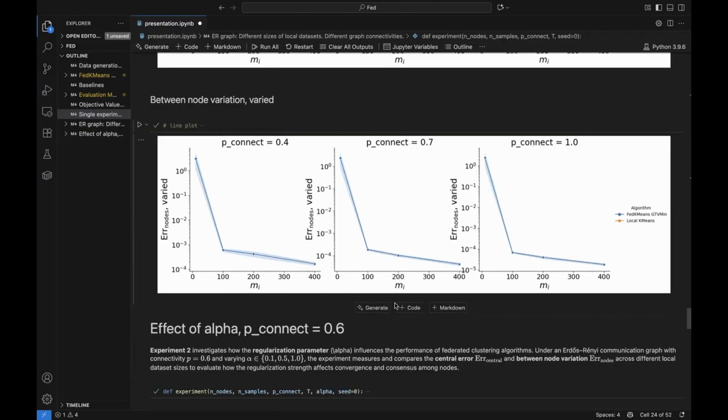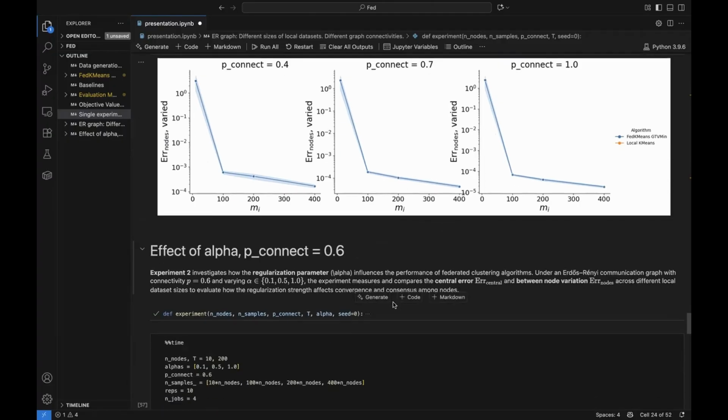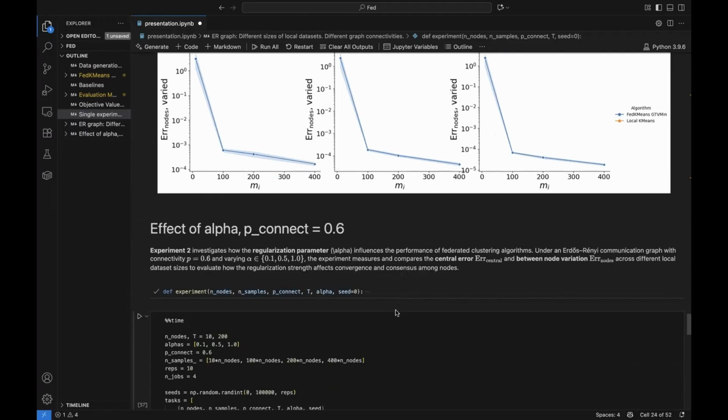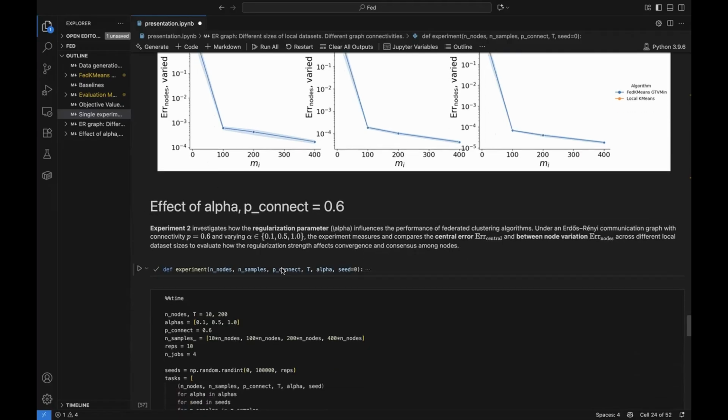show the effectiveness of alpha. So again, we repeated the experiment 10 times, varying the alpha of the regularization term between 0.1, 0.5, and 1, having the connectivity of the graph fixed to 0.6.